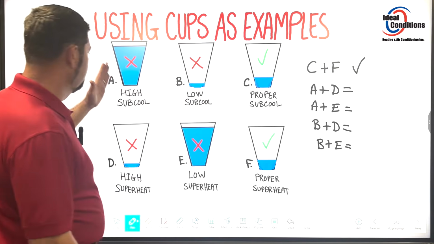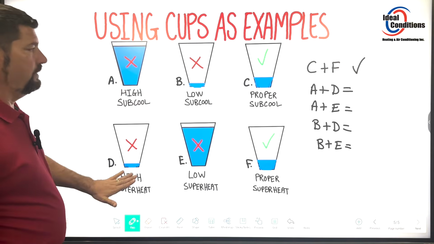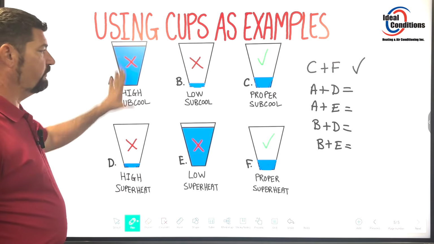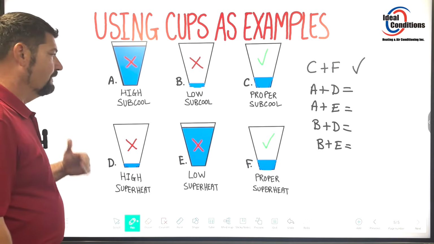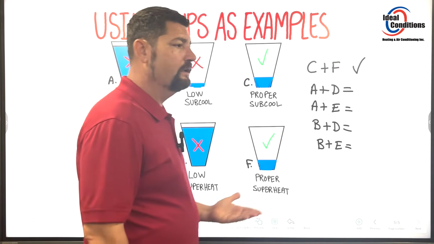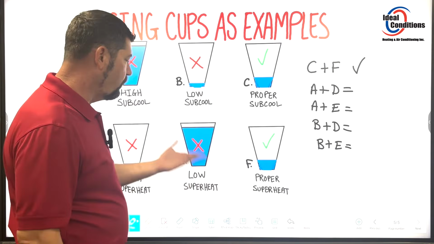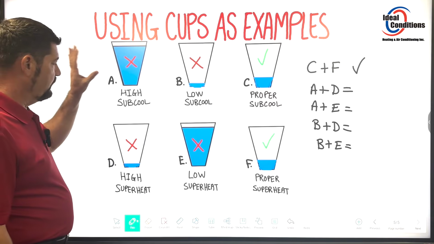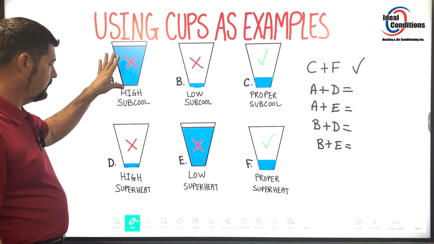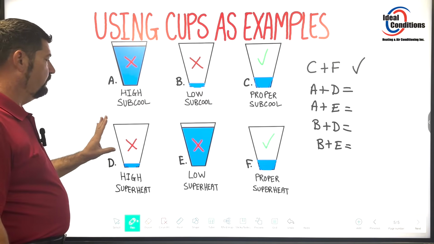But if we had A plus D, I don't need more Freon. And I don't need to add Freon to diagnose that. And if I was looking for pressures, that's not going to really help me determine that I have a bad metering device. But what will always help me determine if I have a bad metering device will be a high value of liquid and a high value of vapor.